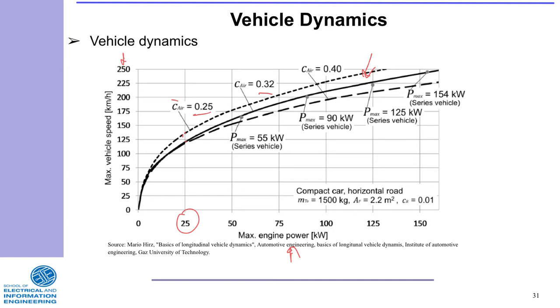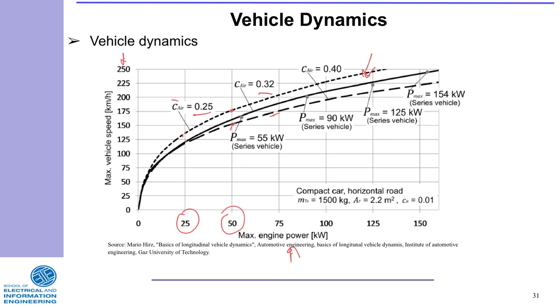Right, and then here we don't really see this one. If we look at the 50 kilowatt, same logic, this one with the longer dashed lines also does not reach as high a speed compared to the vehicle with the lowest resistance.